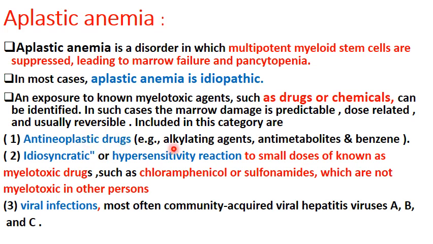What are the drugs that lead to marrow failure and pancytopenia? Anticancer drugs such as alkylating agents, antimetabolites, benzene, or idiosyncratic or hypersensitivity reactions, which are not dose related. That means the patient is sensitive even to small doses of drugs such as chloramphenicol and sulfa drugs, which are not myelotoxic in other persons.